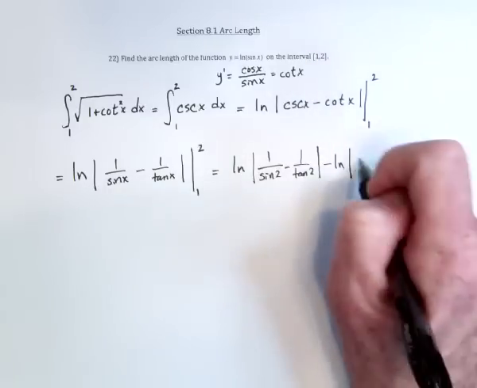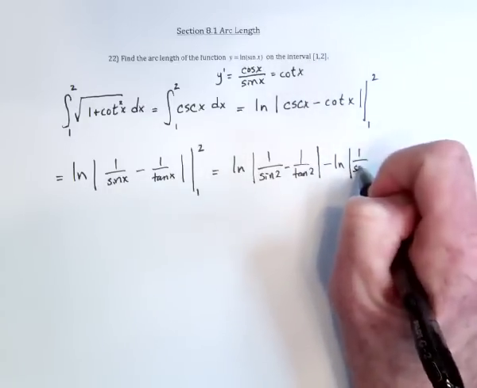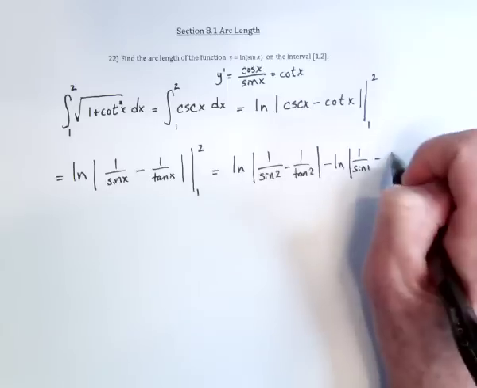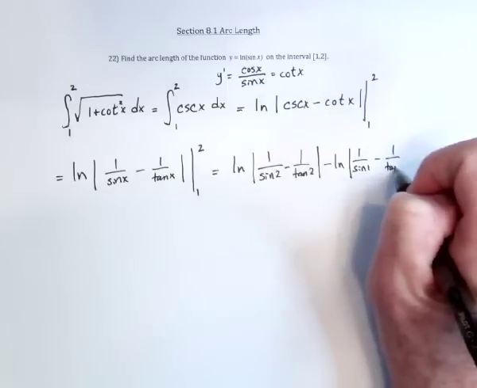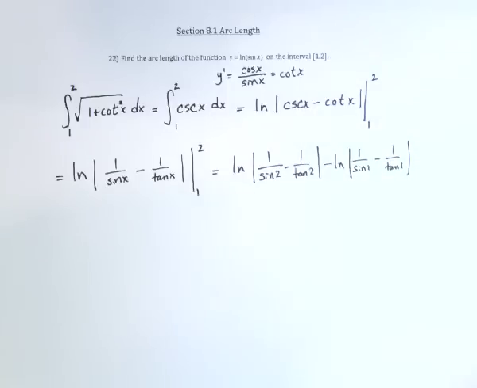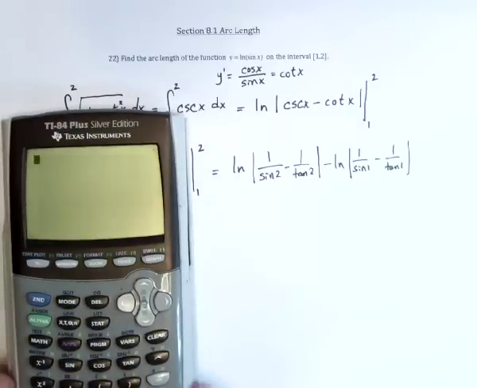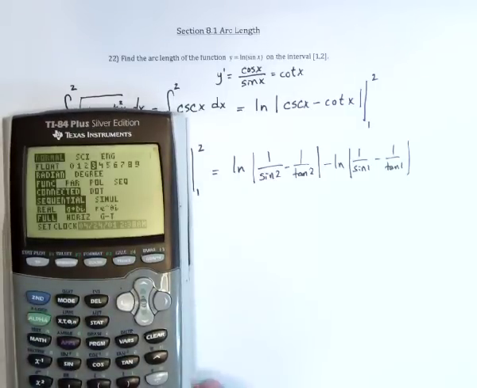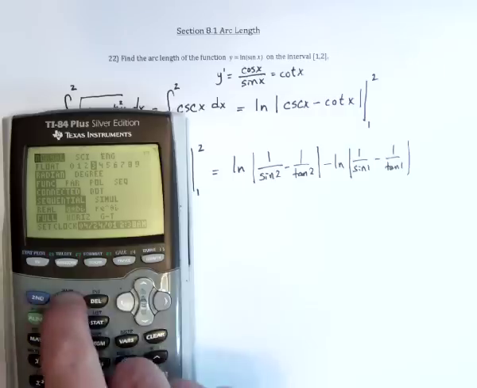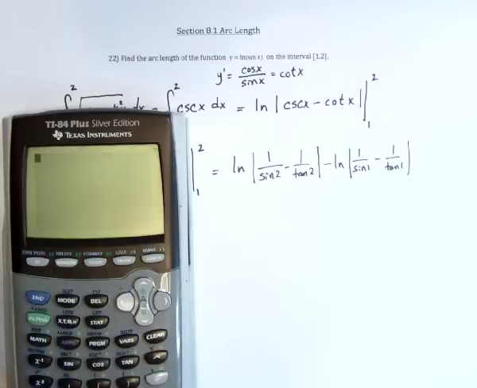Now it's going to be 1 over sine of 1 minus 1 over tangent of 1. Those in absolute values, so we don't take the natural log of a negative. So let me just double check, we're in radians. And then it's going to be the natural log. Now I need absolute value.